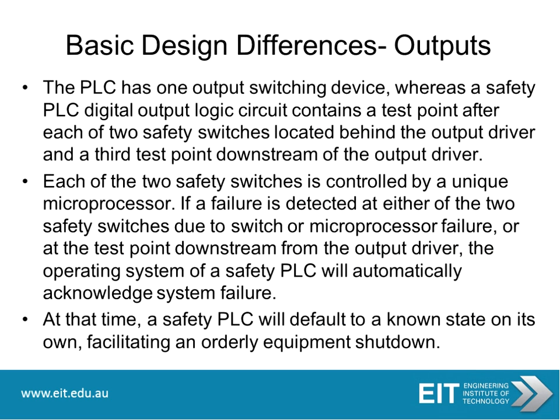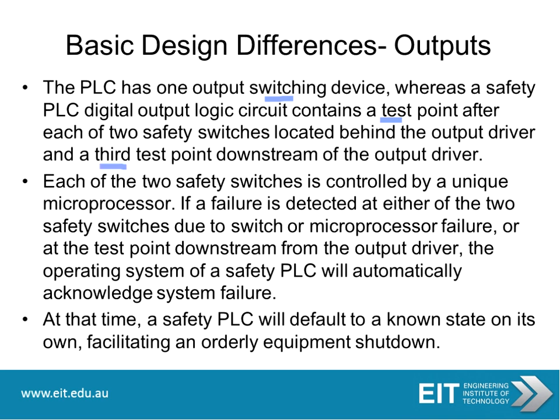Then on the output side, the general PLC has one output switching device, whereas in a safety PLC, the digital output logic circuit contains a test point after each of the two safety switches located behind the output driver, and a third test point downstream.